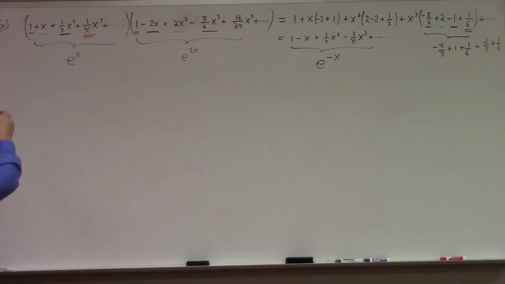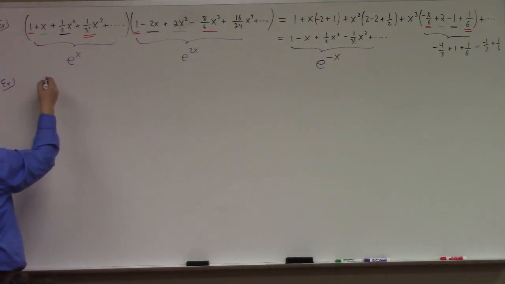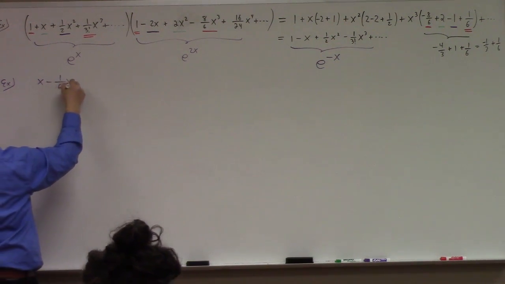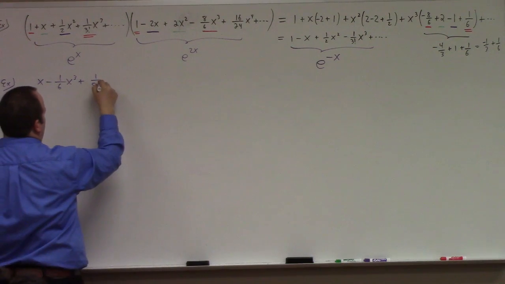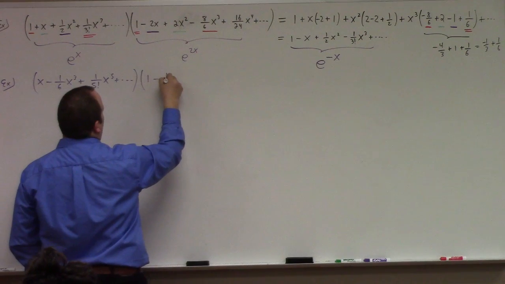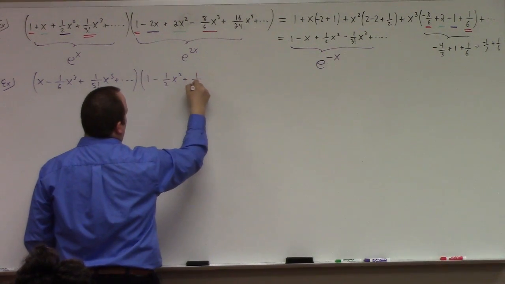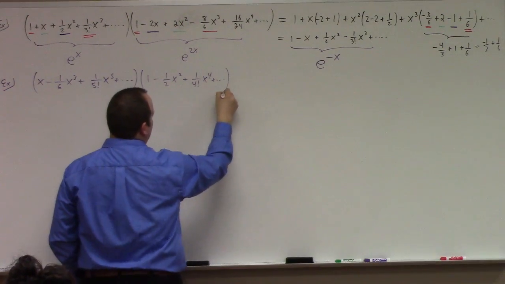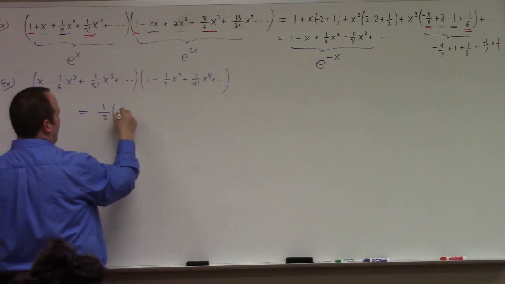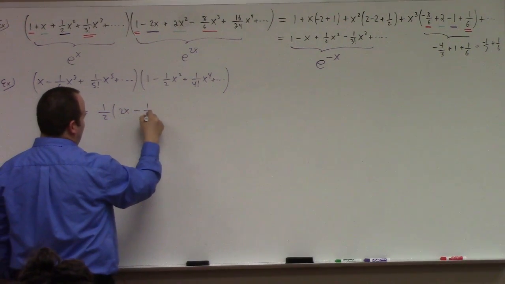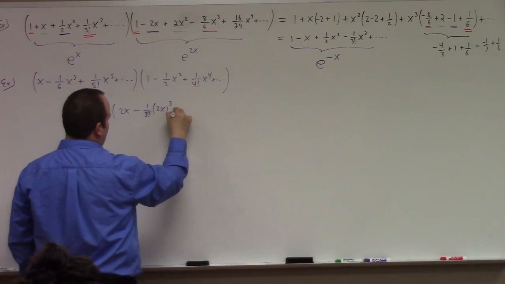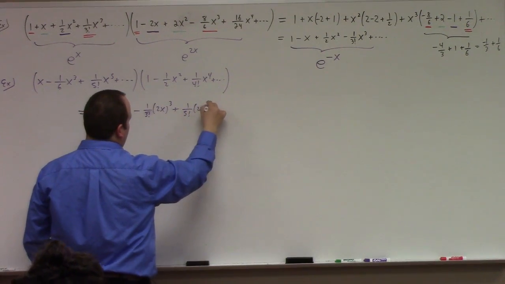Yesterday in the other section, I did an example, which you can watch if you want. What I did was I took x minus 1/6 x cubed plus 1/5 factorial x to the 5th plus dot, dot, dot, and I multiplied it by 1 minus 1/2 x squared plus 1/4 factorial x to the 4th plus dot, dot, dot. And you know what we got? We got 1/2 of 2x minus 1/3 factorial 2x cubed plus 1/5 factorial 2x to the 5th plus dot, dot, dot.